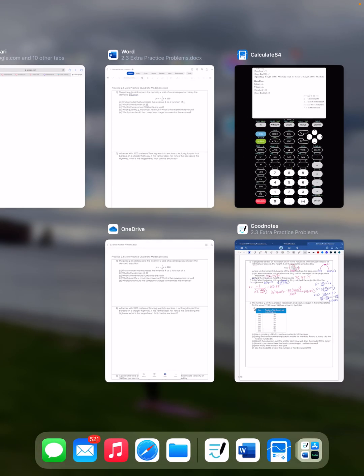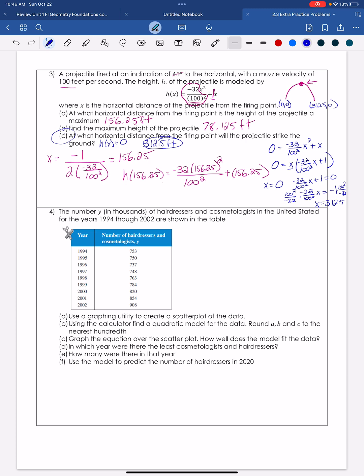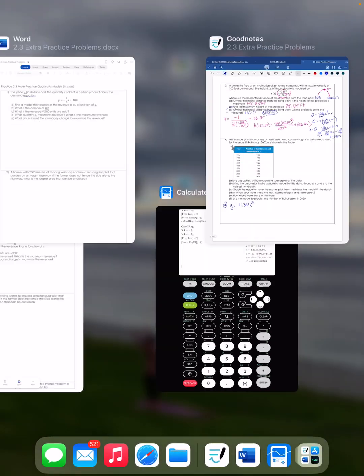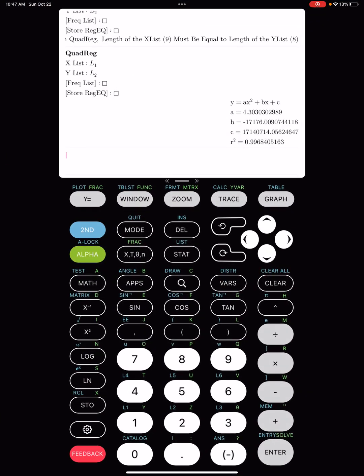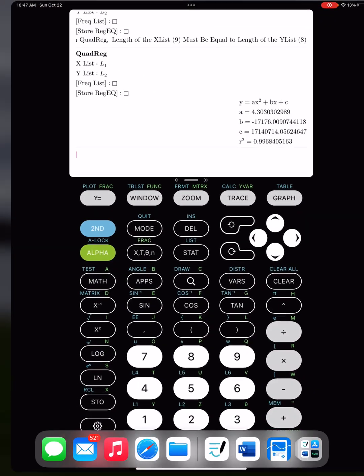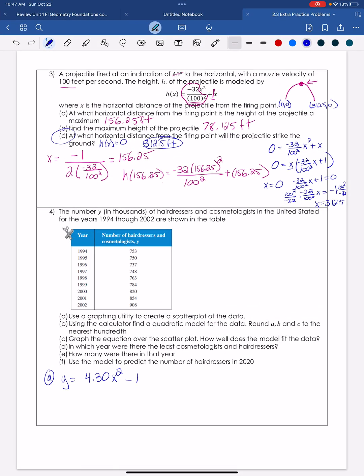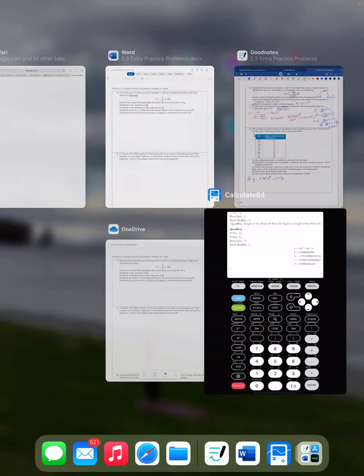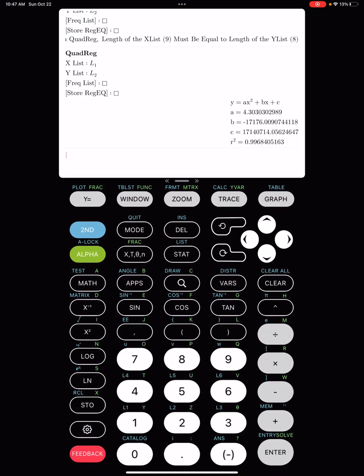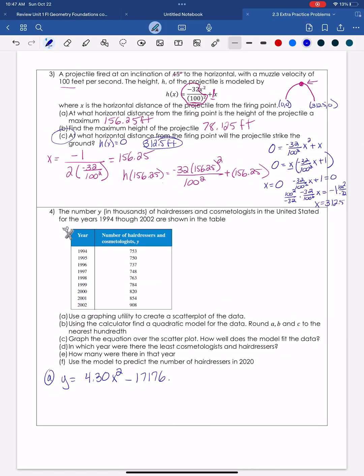So when I write my equation, for a, it's going to be y is equal to 4.30 x squared. And then I go to my b value, which is negative 17,176.01 x.